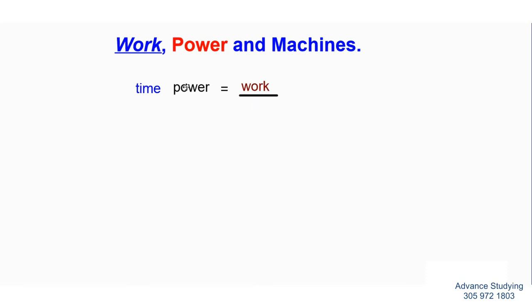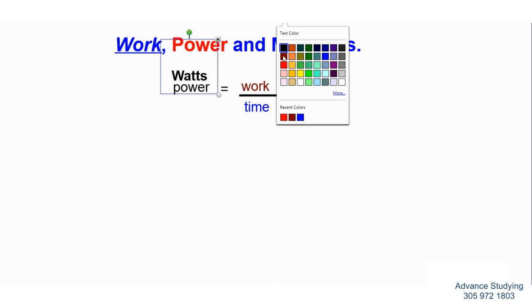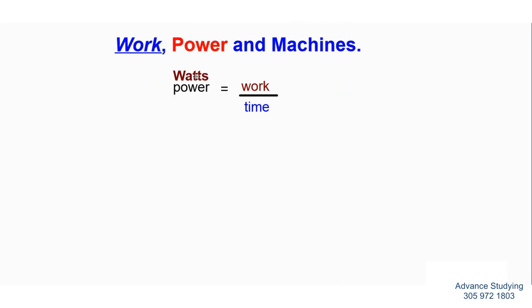What are the units of these variables? Okay, so I have that power is measured in watts. Watts is what measures power. Okay, let's bring that up so it looks not so clumsy over here. How about work?